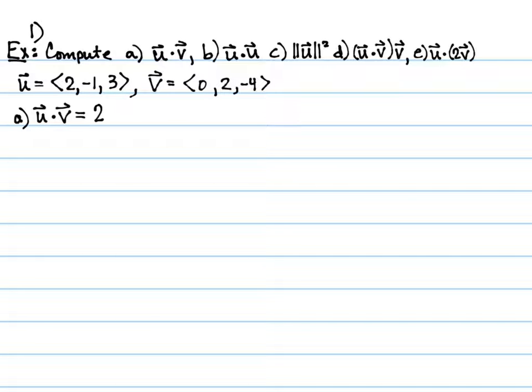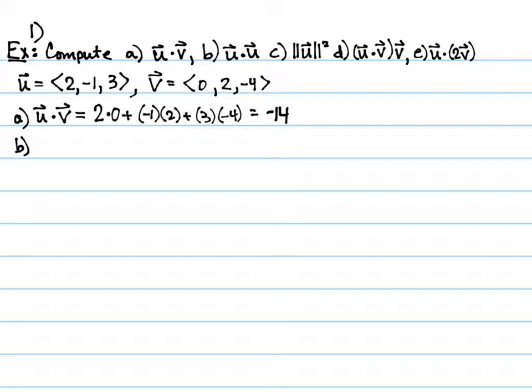We're multiplying component-wise. So this would be 2 times 0 plus -1 times positive 2 plus 3 times -4. Does that all look good? Okay, so if I multiply all that out, what do I get? -14, yes.